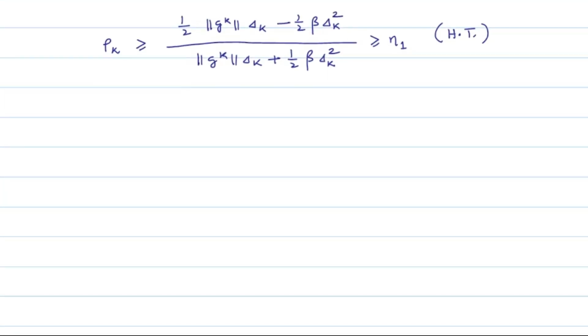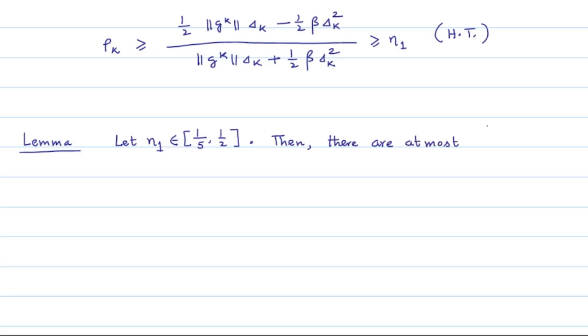We neatly state the lemma, which is as follows: let the eta 1 value be in between 1/5 and half, then there are at most the box of log 1 by gamma 1 of delta bar times 1 plus eta 1 into beta divided by 1 minus 2 eta 1 times epsilon, at most the box of this quantity.